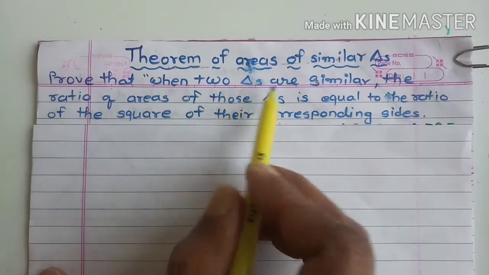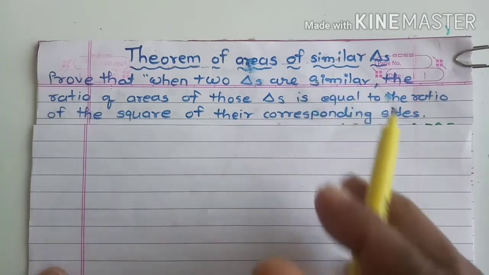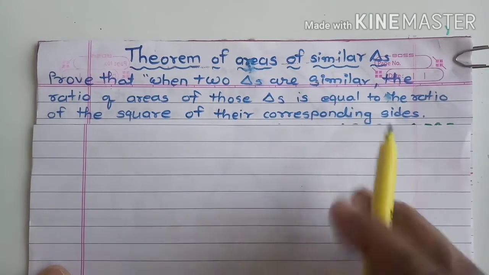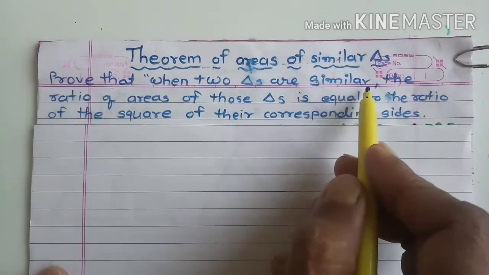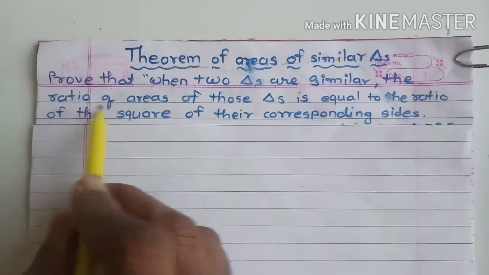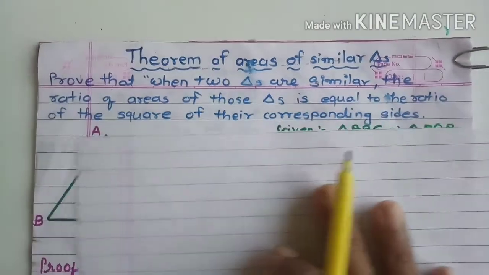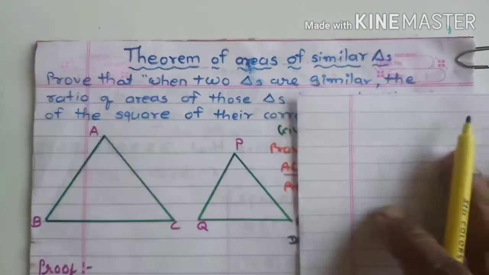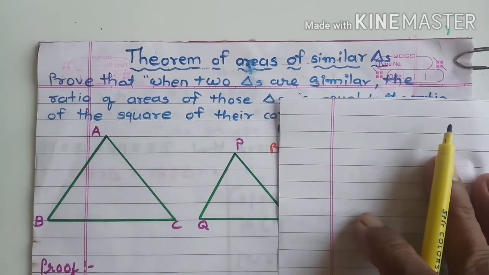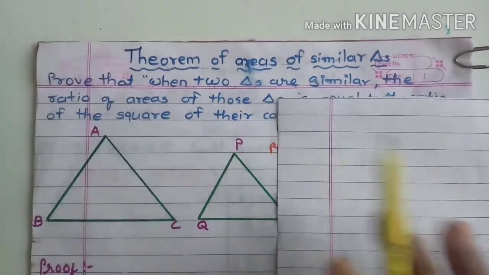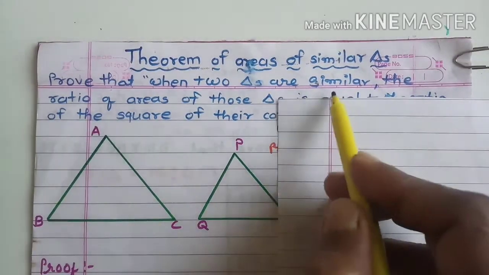When the two triangles are similar, we have to draw two triangles which are similar. Then the ratio of the areas of those triangles. First of all, the diagram. We have here two triangles, triangle ABC and triangle PQR, but they are similar triangles.